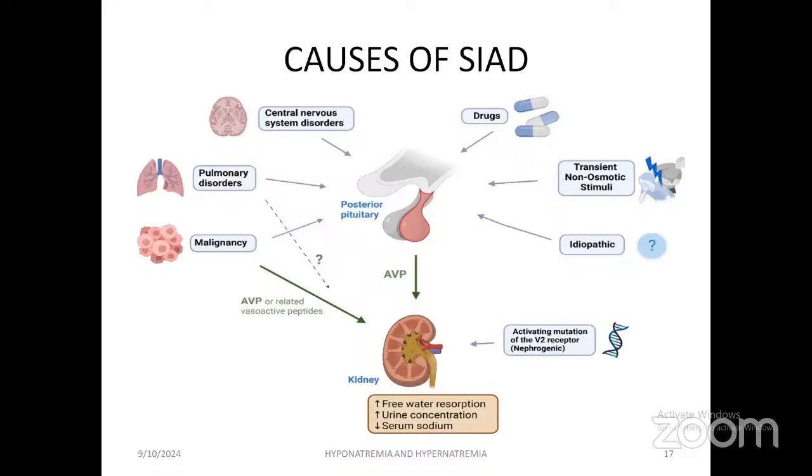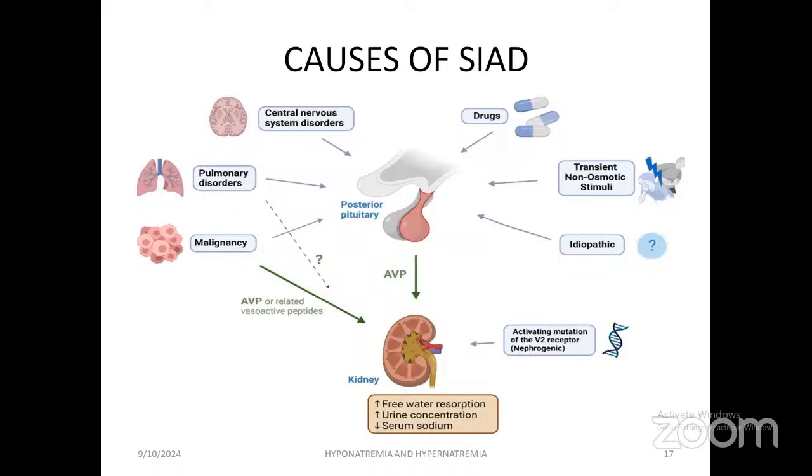When we come to causes of SIADH, it could be caused by malignancies, solid organ malignancies, particularly lung, nasopharynx, and lymphomas. Coming to pulmonary disorders, any chronic infections, cystic fibrosis, and respiratory failure may also cause SIADH. Coming to CNS disorders, infection, hemorrhage, trauma, thrombosis, tumor, hydrocephalus, or any autoimmune condition may also cause SIADH.